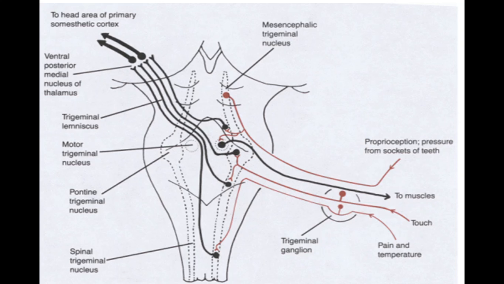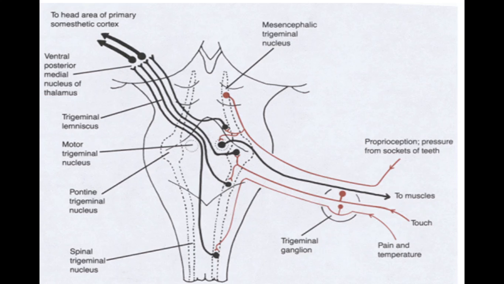Only the second order neurons begin in the central nervous system. It's the only instance where the first order neuron is located within the central nervous system, that is the mesencephalic nucleus carrying proprioceptive impulses from the head and face area, including the extraocular muscles and the muscles supplied by the mandibular nerve. So that's it.